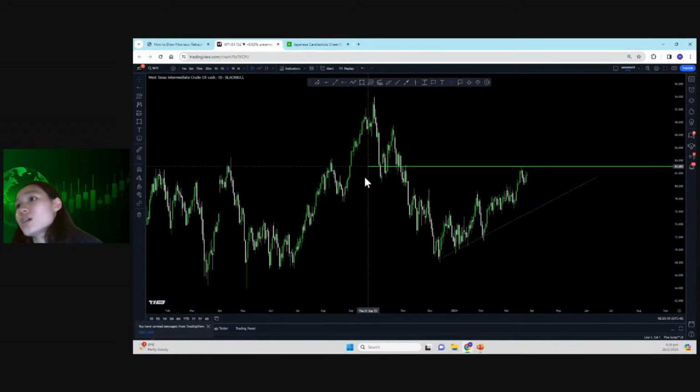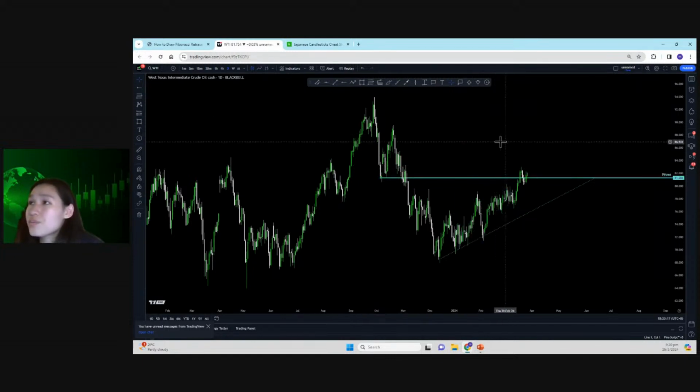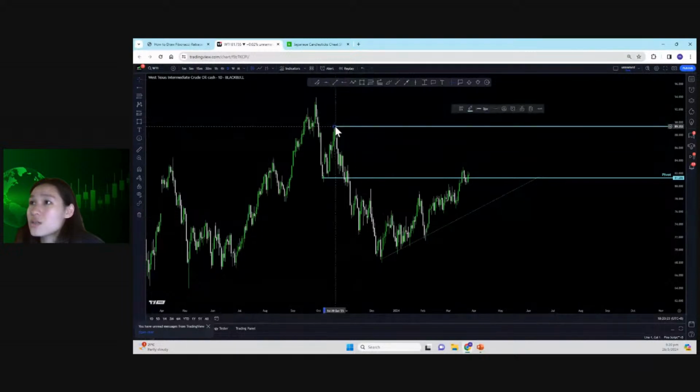Okay, now I'm gonna go in with my Fibonacci, or rather my horizontal levels again first. This is my pivot, my first resistance.